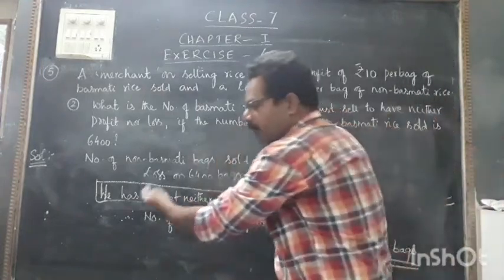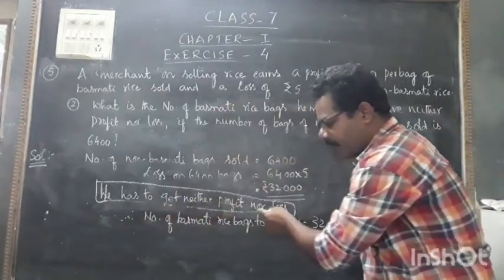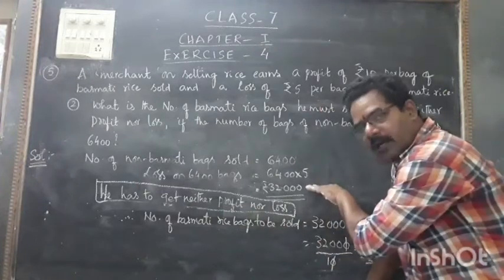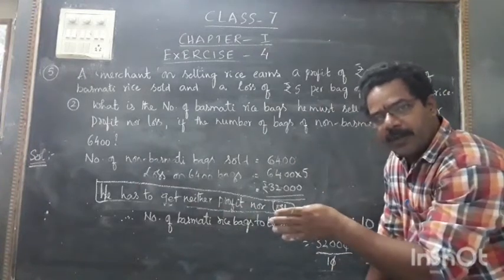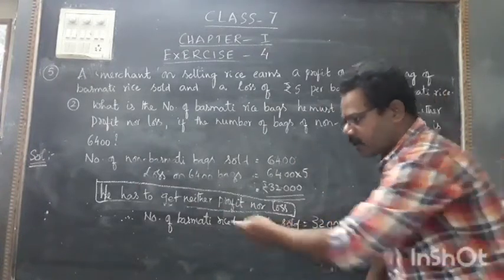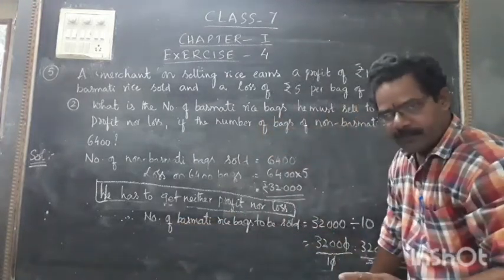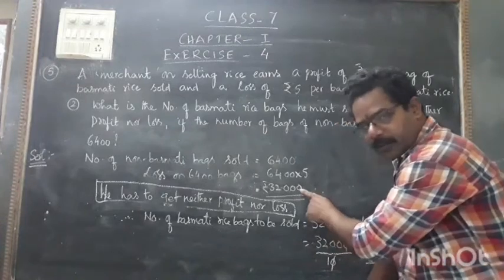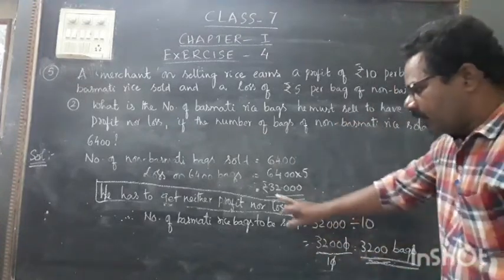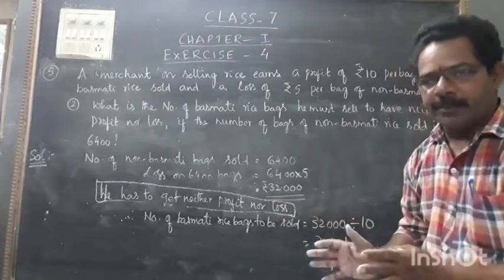But according to the problem he has to get neither profit nor loss. Here he got loss. That loss should be covered with profit. So number of basmati rice bags to be sold to get the same 32,000 profit, it is nothing but 32,000 rupees he has to get as profit.